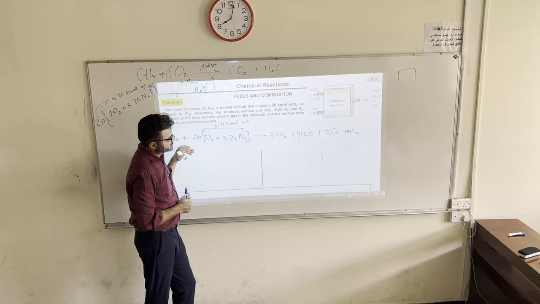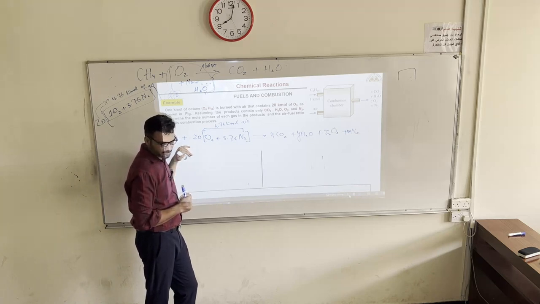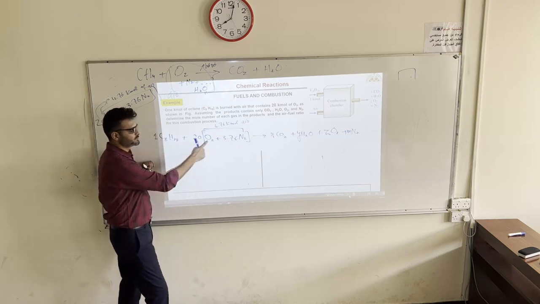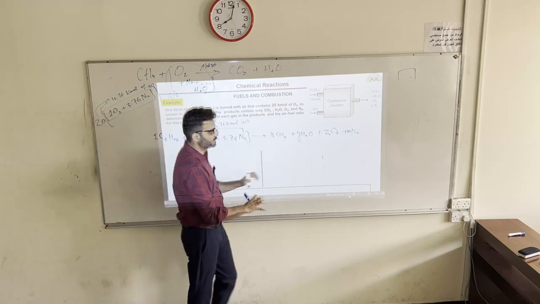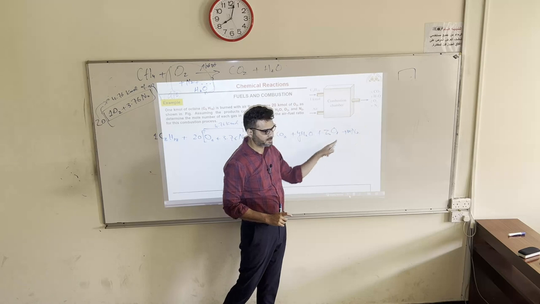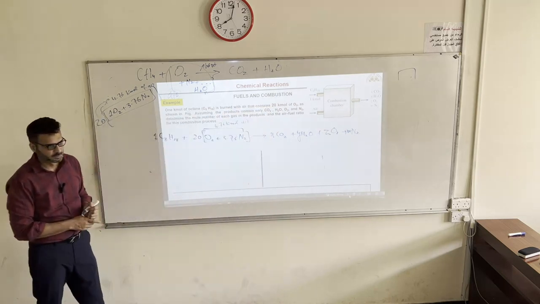Is it a complete combustion? No. Why? Complete combustion means all the carbon will convert to CO2, all the hydrogen will convert to H2O, and nitrogen will be as it is. But here you see extra oxygen, so this is not an example of a complete combustion, right?